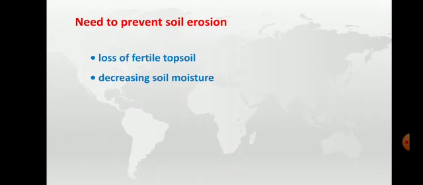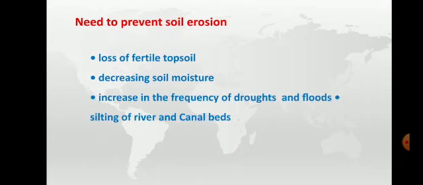Next is drying of vegetation and extension of arid lands, increase in frequency of droughts and floods. Then silting of river and canal beds, recurrence of landslides, and adverse effect on economic prosperity and cultural developments.